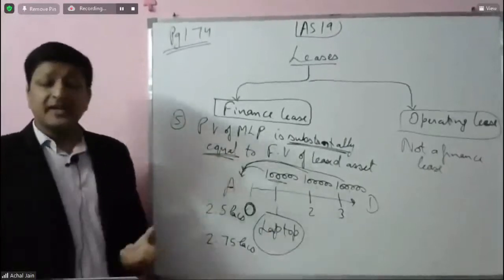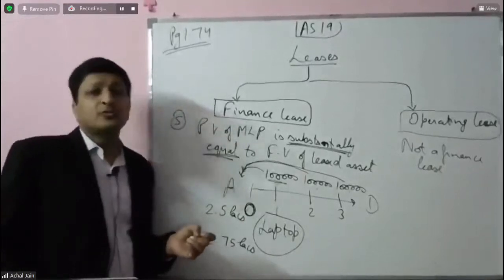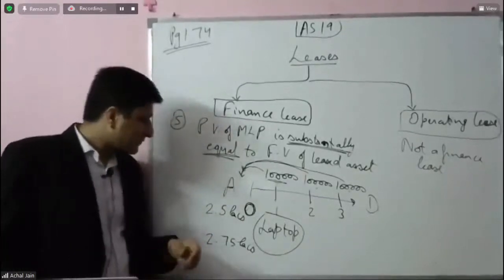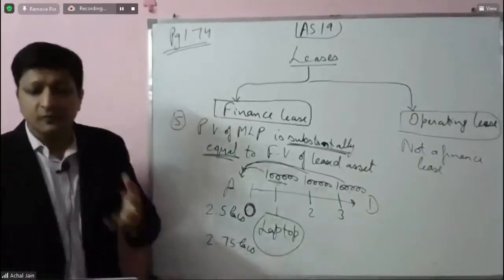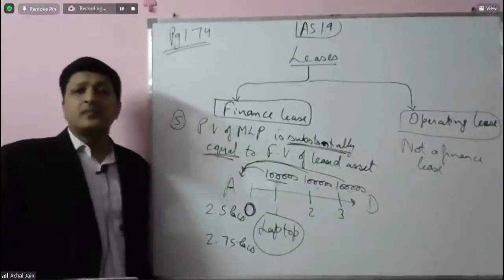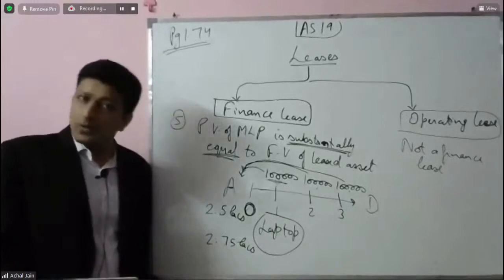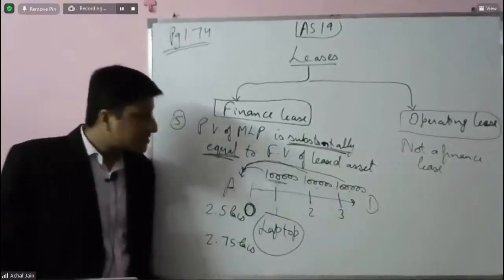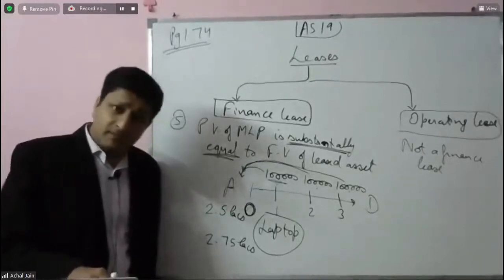But practically, when you apply this concept, this is judgmental. You will have to think through. You will have to assess that in the given scenario, will you call this substantially equal or not? Generally, something which is greater than 90% is considered to be substantially equal. Okay? Yeah? Clear on this? Clear on the fifth indicator?